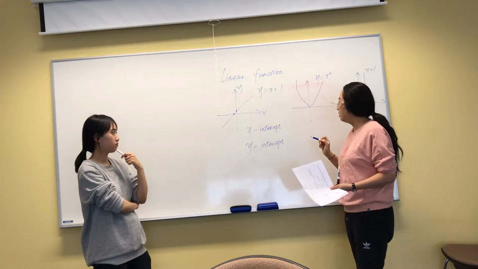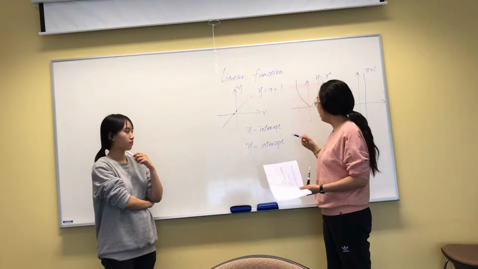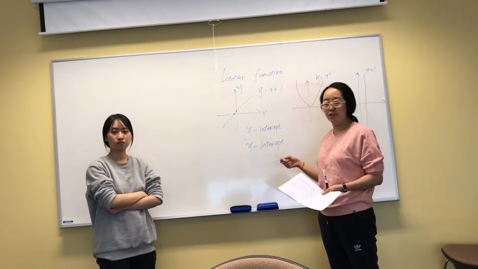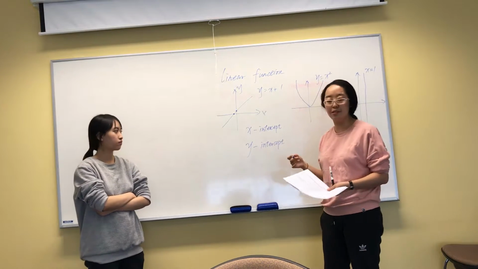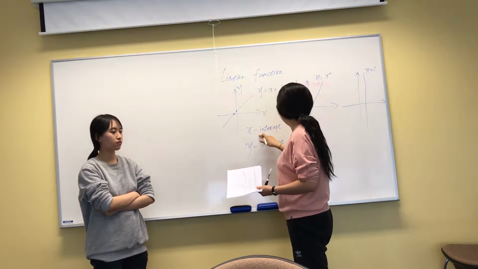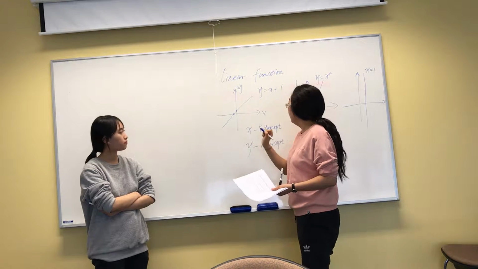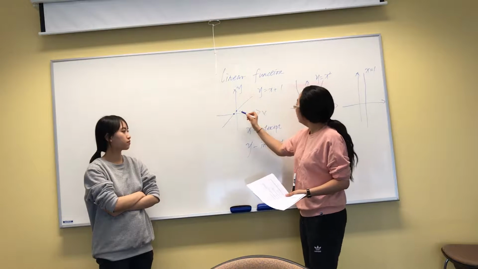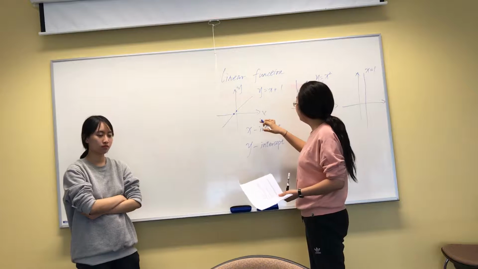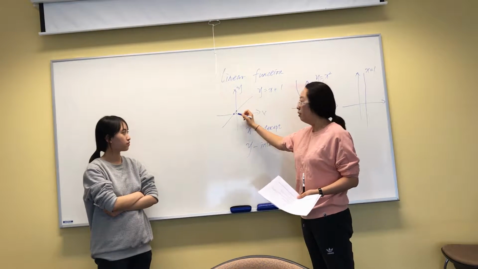Okay, so my next question is, since we know which two points are the x and y-intercepts, how do we know the x and y coordinates of these two points? For the x-intercept, there is an obvious fact: every point on the x-axis has a y-coordinate of 0, right?